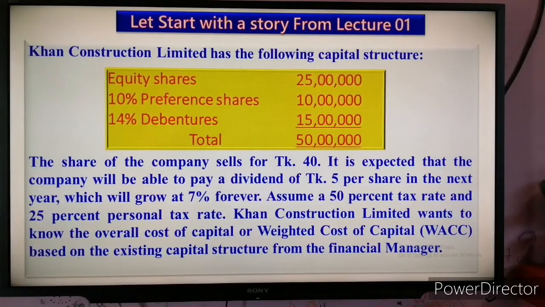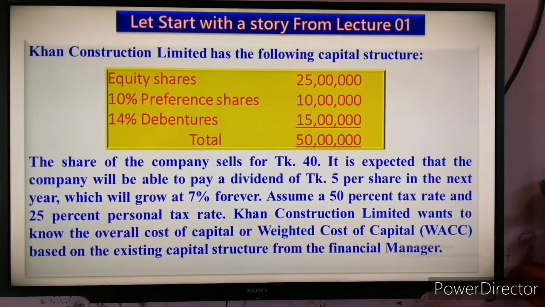This was a story from our first class where we mentioned that Khan Construction Limited has the following capital structure: equity share 25 lakh, 10% preference share 10 lakh, 14% debenture 15 lakh, total capital 50 lakh. The share of the company sells for taka 40.